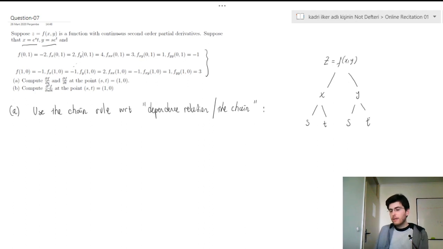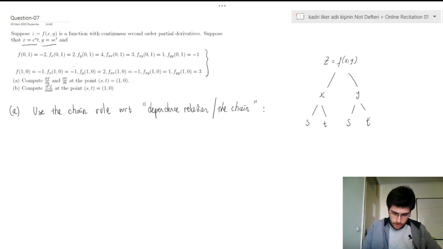So this is our chain, this is our dependence relation, and we are going to use it while computing, for instance, part A, part B. This is our main tool we are going to use.